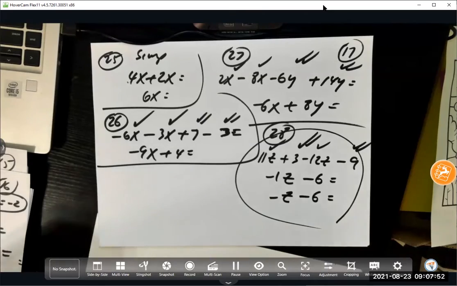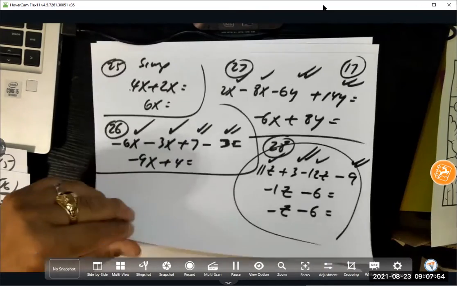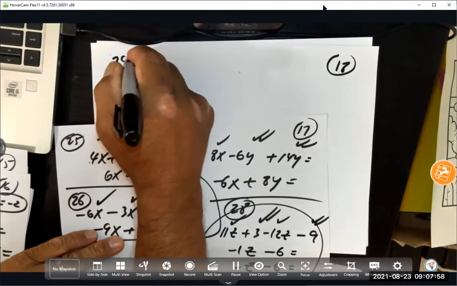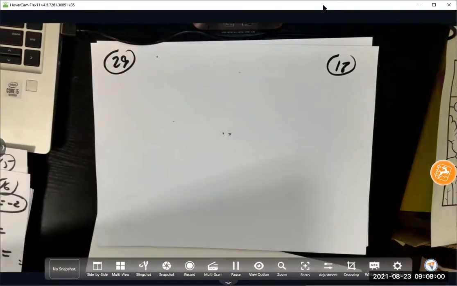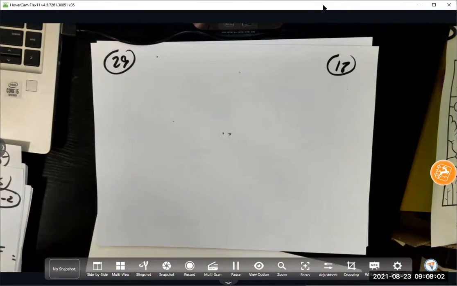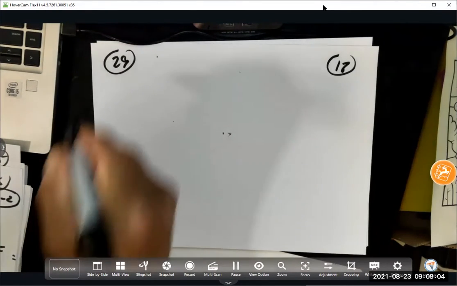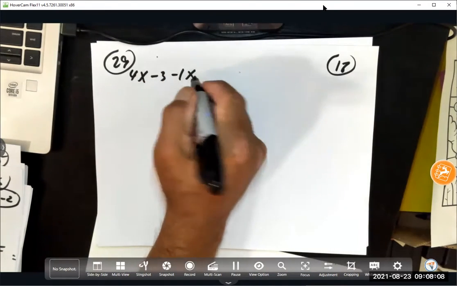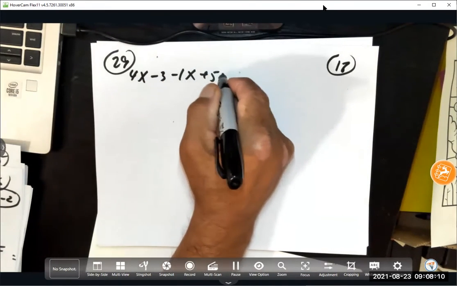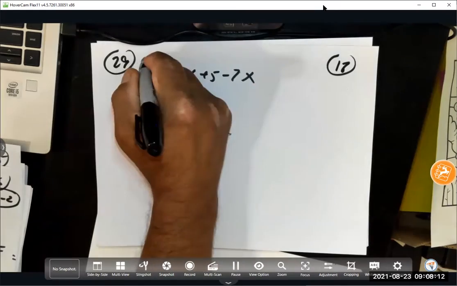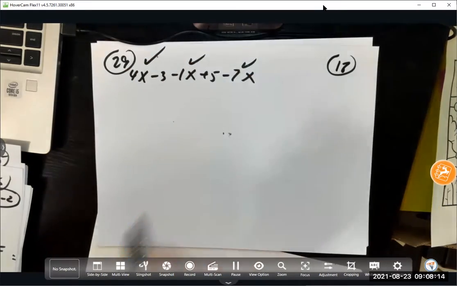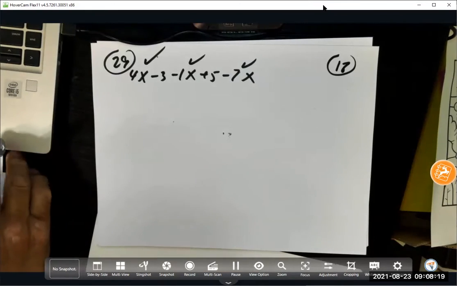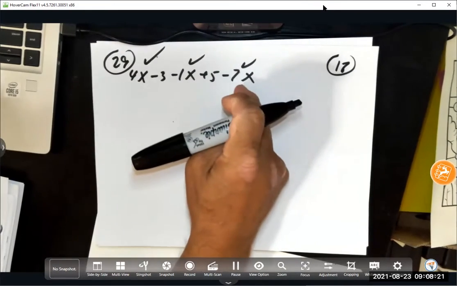All right, let's do the next page. Let's do number 29. This is 4x minus 3 minus 1x plus 5 minus 7x. I'm going to put this one and that one together. Ready? So 4x minus 1x minus 7x.